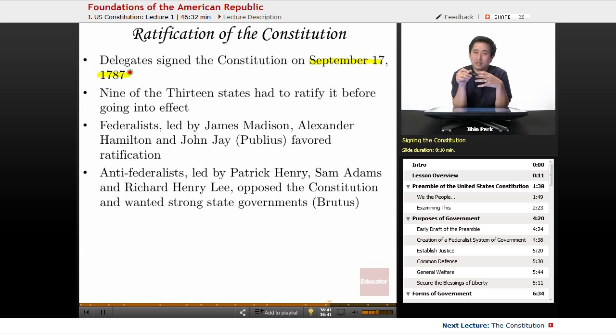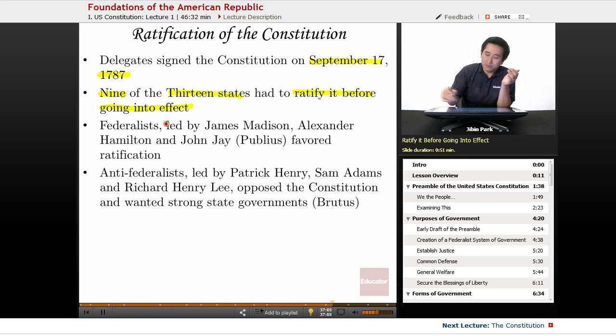But it technically didn't go into effect. According to the rules of the Constitution, 9 of the 13 states had to ratify it before it went into effect. Now, if the Constitution was amending the Articles of Confederation out of existence, then according to the Articles of Confederation, all the states basically had to agree to it.